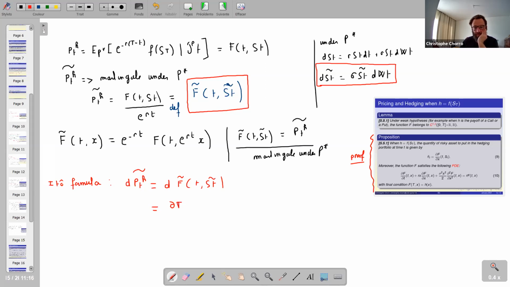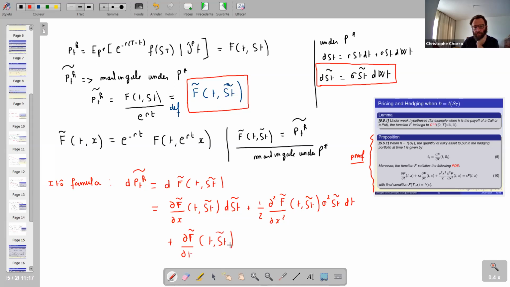And by the Ito formula, I can express this quantity. It's equal to the derivative of F tilde with respect to x, at T, S_T tilde, dS_T tilde, plus one half the second derivative of F tilde with respect to x, at T, S_T tilde, multiplied by the square of the term in front of dW_t in the Ito decomposition of S_T tilde, so sigma squared S_T tilde squared dt, plus an extra term because the function also depends on time, that is the derivative of F tilde with respect to t, at T, S_T tilde, dt.